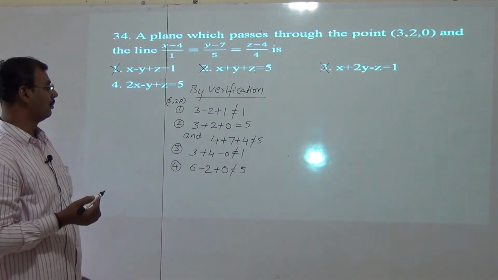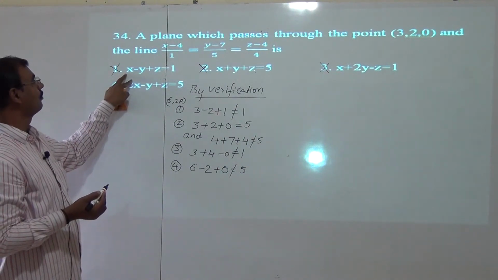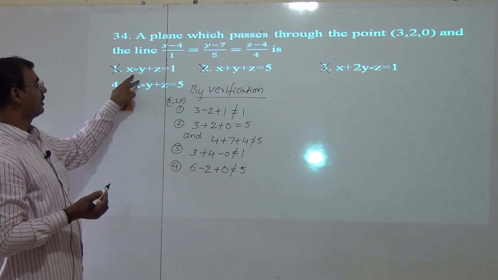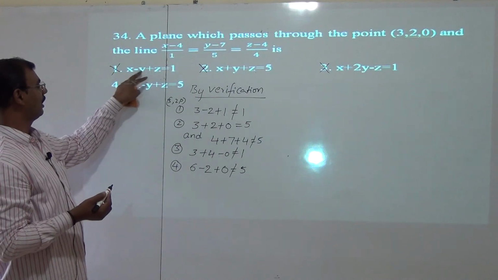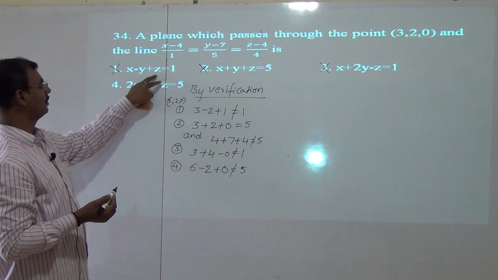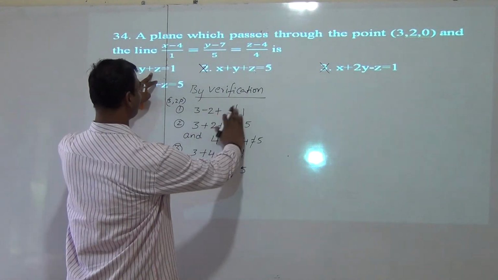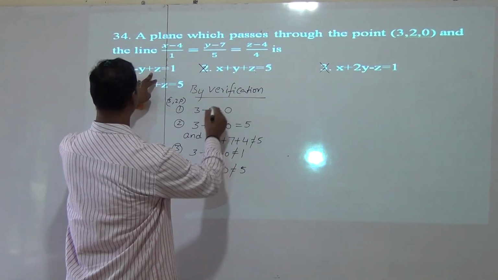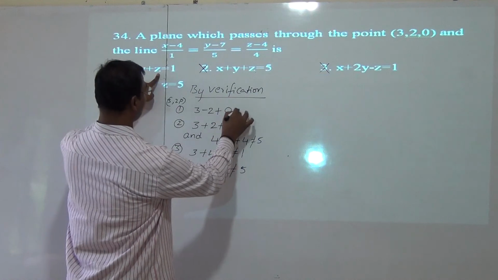So what is the problem here? Maybe somewhere a mistake is there. Let me look at the first option again, observing all of you. 3 minus 2 plus 0 is equal to 1.